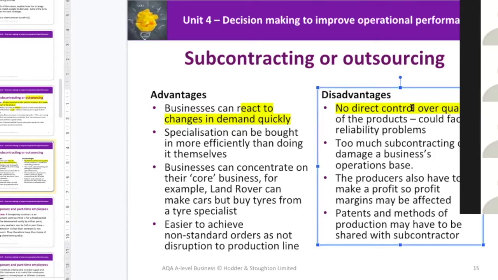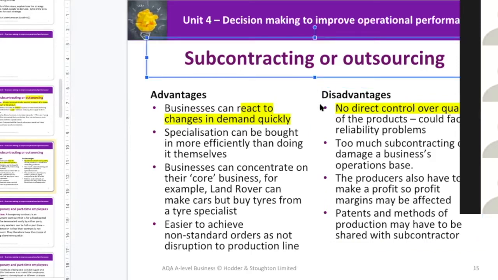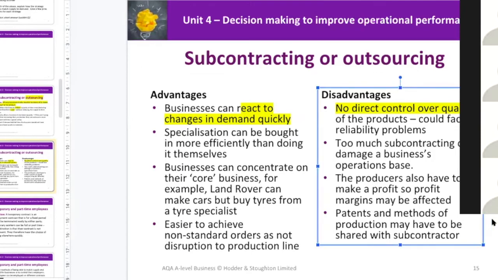When they supply all the product back to London, company A will sell all the products to the customers. But if you're not there during production, you don't know if the quality is consistent. What if the quality is very poor and then your product goes to the customers? Customers are not happy with the quality. Then you have to go to the outsourcing company to make changes, right? But that's too late already because customers have already found out the quality is poor.